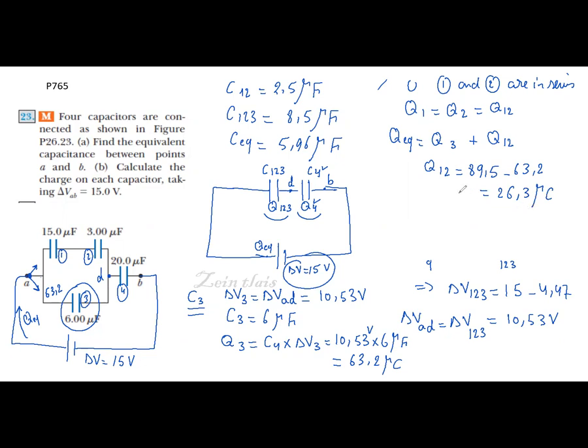So this is Q12, which is equal to Q1 and Q2. Like this, we calculated Q1, Q2, Q3, and Q4, and also delta V of each one.